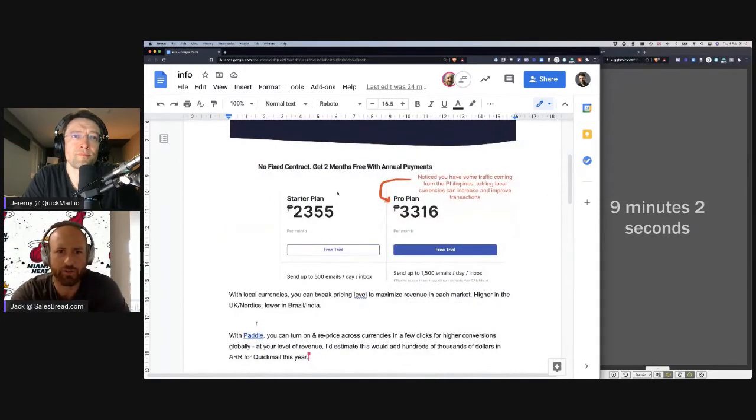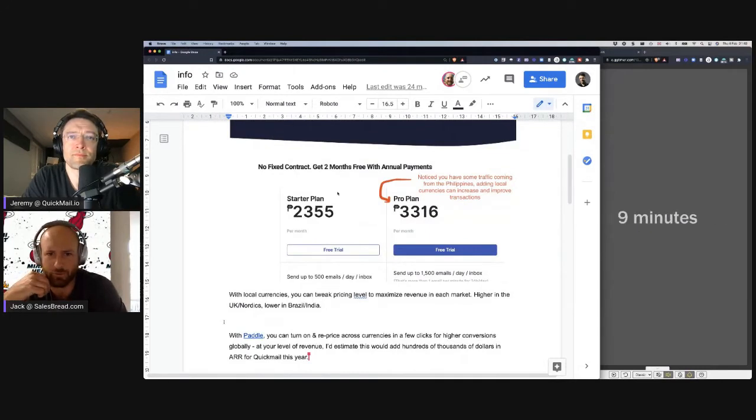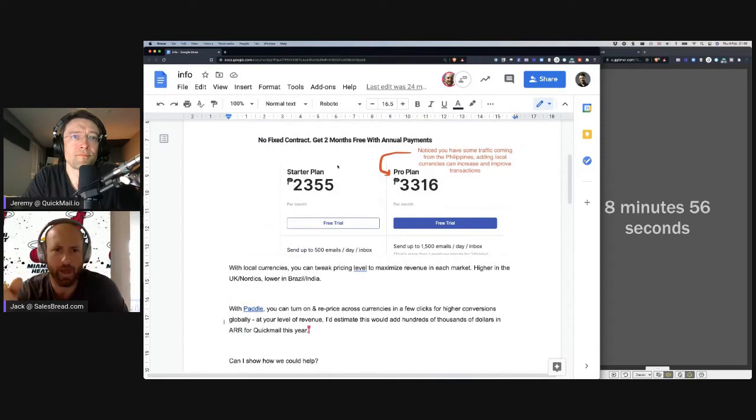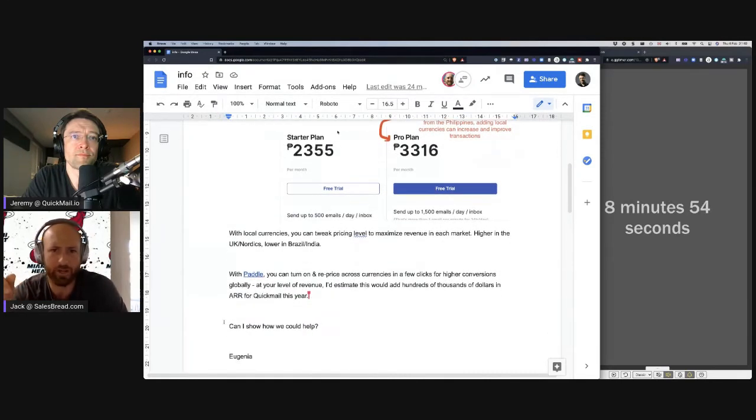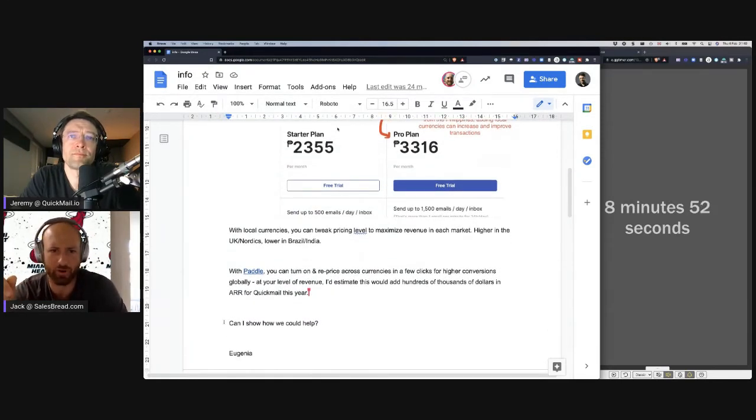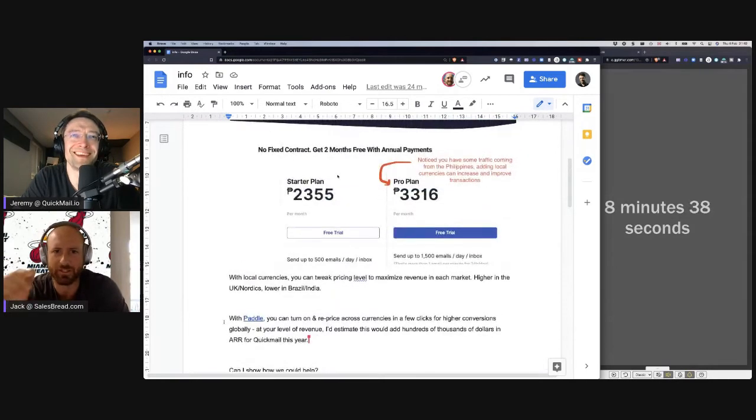With local currencies, you could tweak pricing levels to maximize revenue in each market, higher in the UK, lower in Brazil. With Paddle, you can turn on and reprice across currencies in a few clicks for higher conversions globally, at your level of revenue. I'd estimate this would add hundreds of thousands of dollars in ARR for QuickMail this year. Can I show you how we could help?